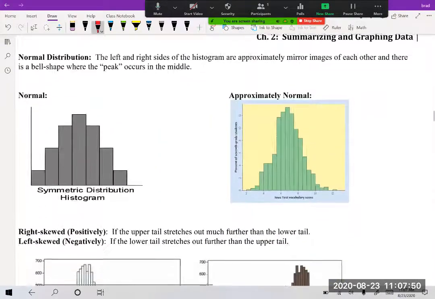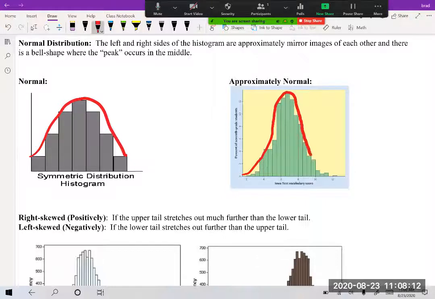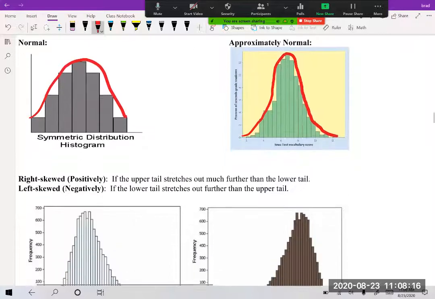So now we'll talk a little bit about normal distribution. The left and the right side of the histograms are approximately mirror images of each other, and there is a bell shape where the peak occurs in the middle. So again, this looks like symmetric distribution, right? Basically, it's not exact, but it looks pretty good. This is approximately normal distribution, right? Again, not perfect, but it doesn't really look skewed one way or the other.